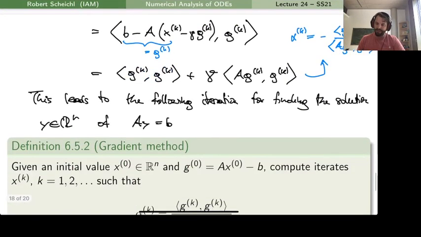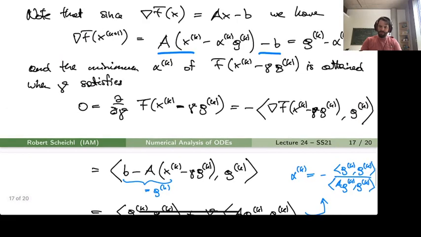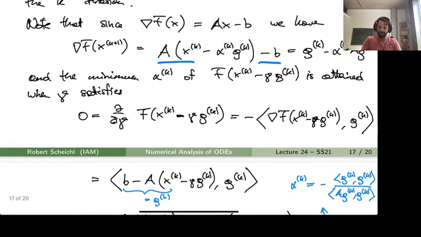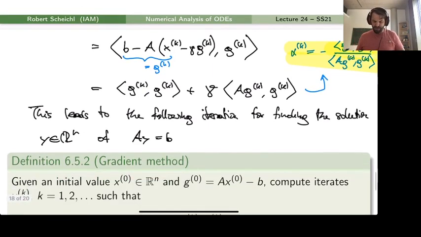So now we have a special form of grad f. So grad f is g_k minus alpha A g_k, and alpha_k is, up to this sign, which seems to be wrong in my derivation here, equal to the inner product of the gradient with itself, and then alpha A times the gradient with g_k.